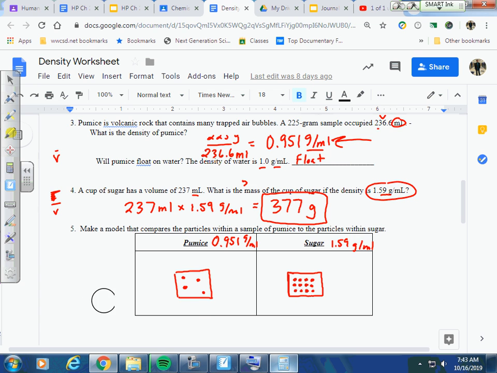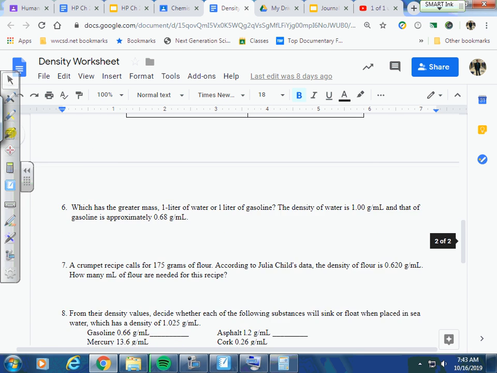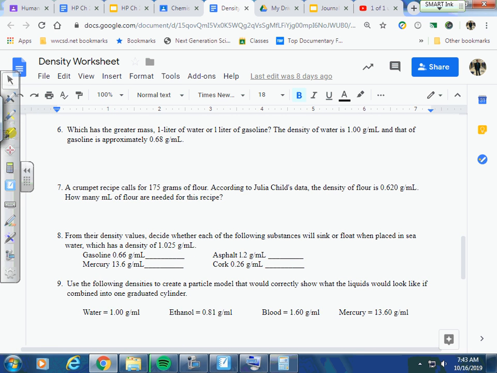That is our success criteria, our main success criteria for this portion of the unit is working with models to understand density. So number 6, which has a greater mass? 1 liter of water, 1 liter of gasoline. If you're curious, 1 liter is 1,000 milliliters. But basically, they're saying that they have the same volume. And so I don't even need to worry about the 1 liter. If I just look at the density, I know what this means, and these are for every statements. And these are important.